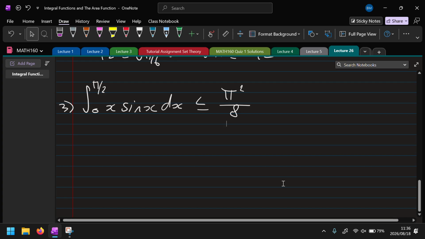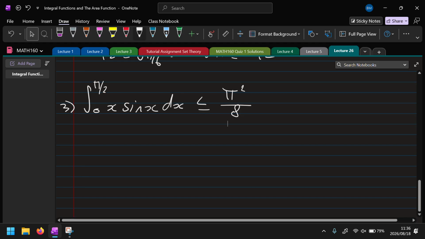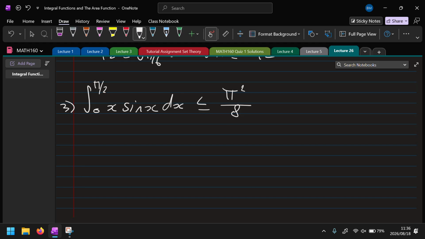So we know sine x is bounded, so we can start with that. We start with sine x being bounded, and then we build up to what we want. However complicated the integrand is, we can always build it up from the starting point.